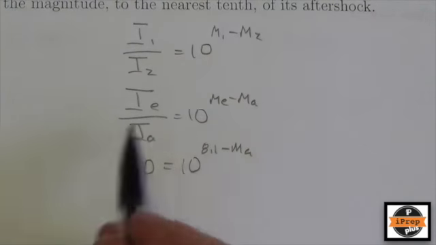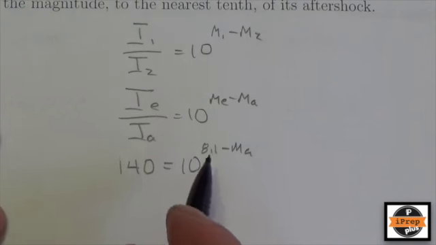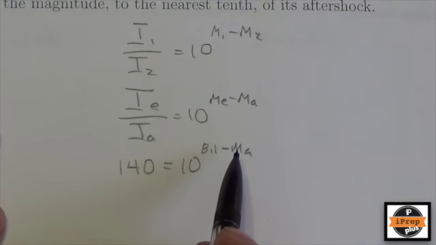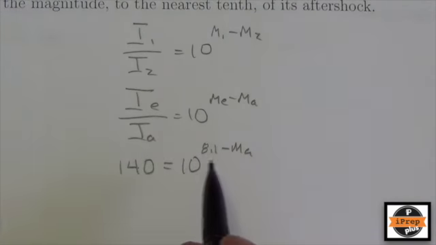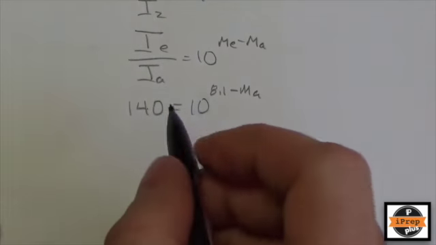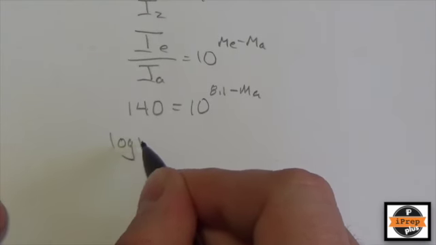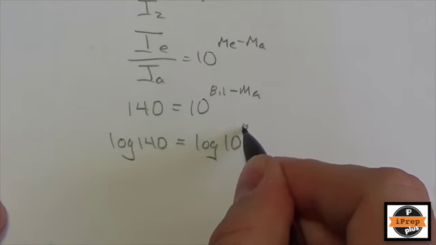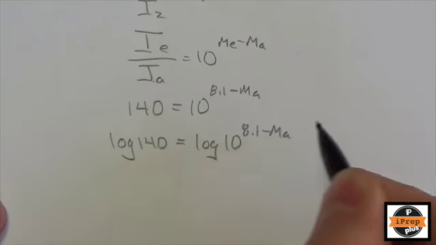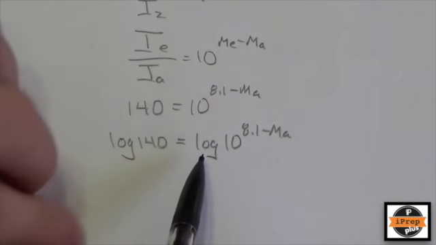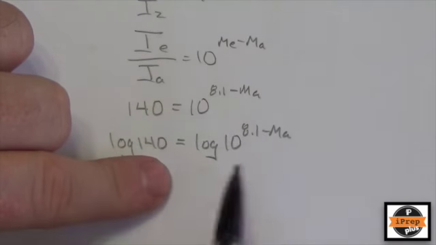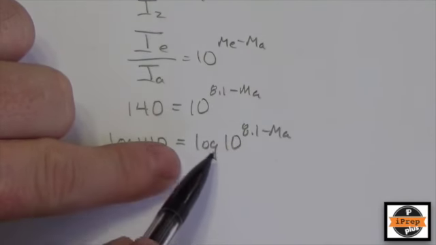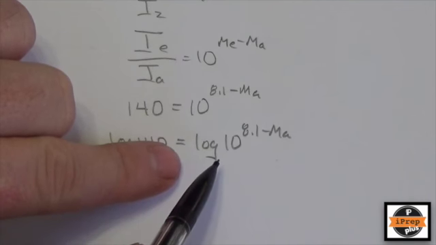Now, to answer this problem, I've got to think, what am I going to do here? Variables in the exponent, we use logarithms. So we'll take the log of both sides. So the log of 140 will equal the log of 10 to the 8.1 minus the magnitude of the aftershock. But this is a gift because I'm using a common log, which is base 10.